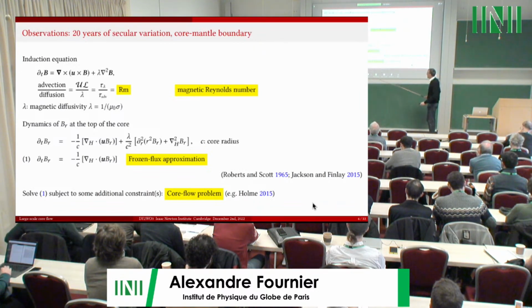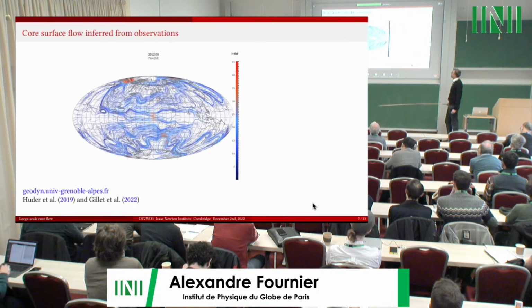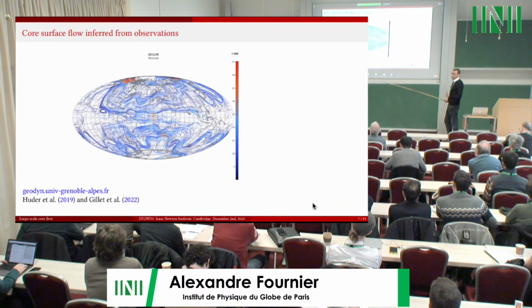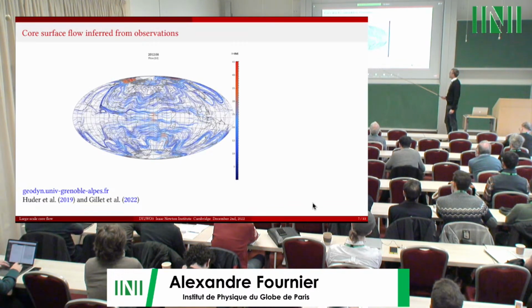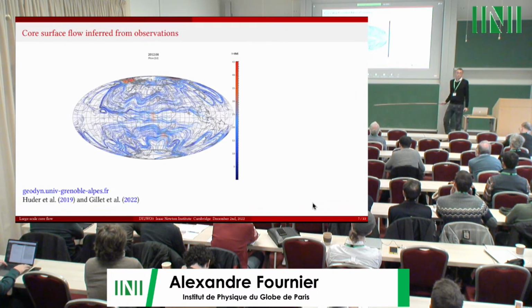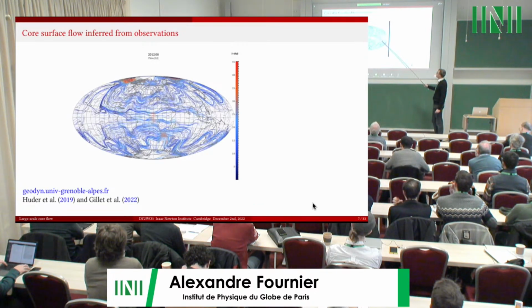So in any event, we can look at the pattern of the flow in 2012. So this is the central epoch of the time window I considered. This is a flow model from Gillet and co-workers that rests on the COV-OBS.x2 field model. So you're looking at the motion of particles at the top of the core.